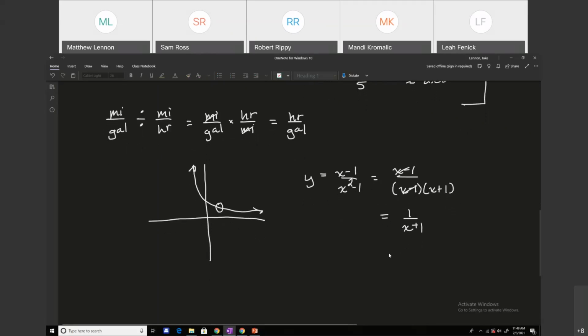So what this graph really looks like is 1 over x plus 1, which is your y equals 1 over x graph shifted 1 unit left. 1 unit left would be here. That's your asymptote. So we have the graph doing this on this part and this on this part. It's like y equals 1 over x plus 1 with a hole at the x value 1, because the original graph can't exist there.